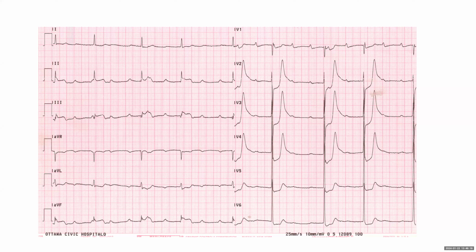Out of interest, do you think this is RCA or left circumflex, and why? Okay, 1 vote for RCA, or 2 votes for RCA. Oh my goodness, everyone is saying RCA. Circumflex, thank you. Okay, we're getting circumflex. This is probably circumflex, actually.